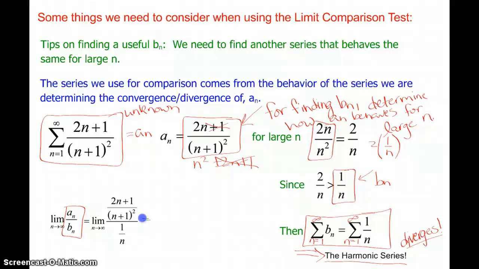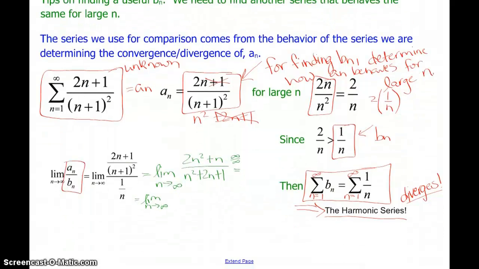So let's use some algebra to clean this up a little bit. I get to multiply what's going on in the numerator by n. I'll expand what's going on in the denominator, and I definitely have infinity over infinity. So I have the limit as n approaches infinity, and I'm going to do L'Hopital's rule here.